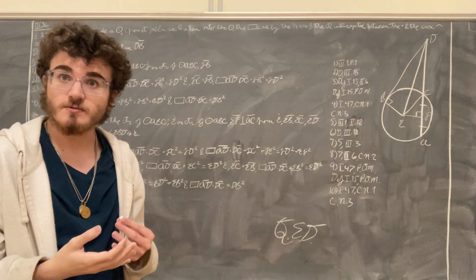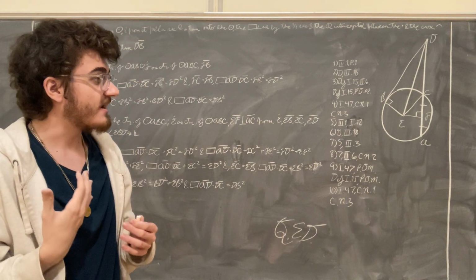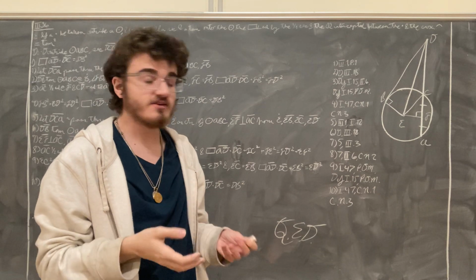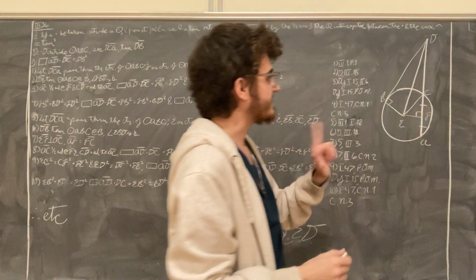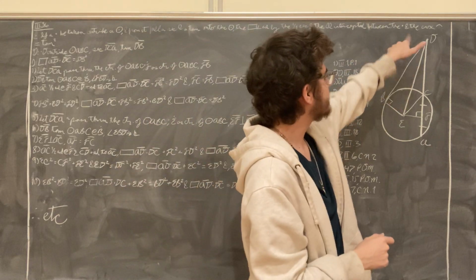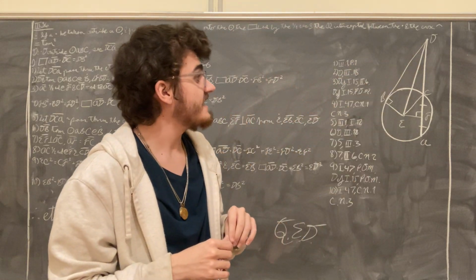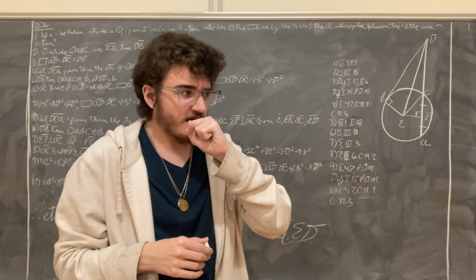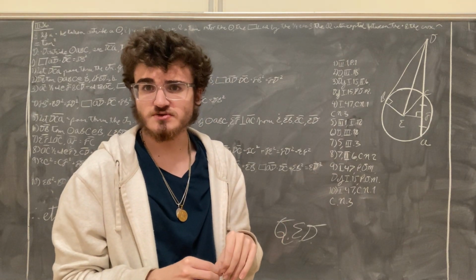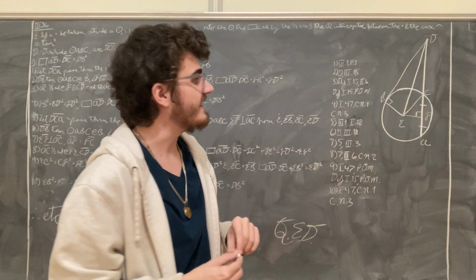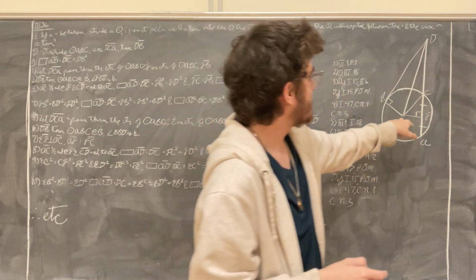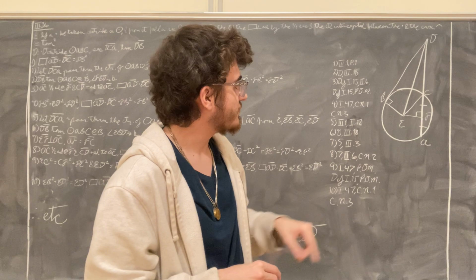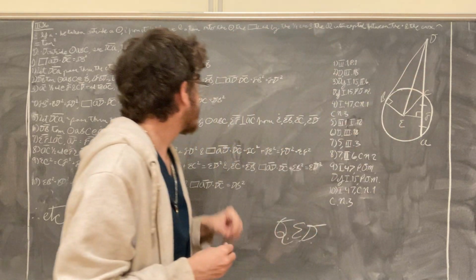Now again, we have a straight line cut in half and a straight line added to it in a straight line. Again, this is AC bisected at the point F, and the straight line CD being added to it in a straight line. And so we can use proposition 2.6 again to tell us that the rectangle AD times DC plus the square on FC will equal the square on FD.